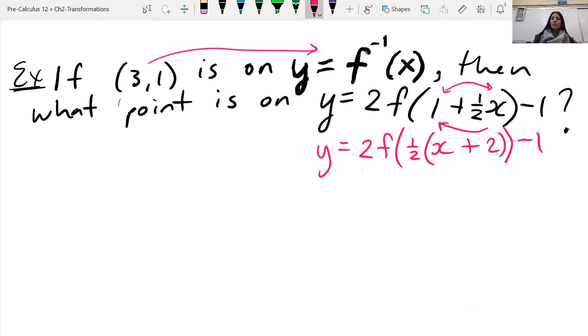So we learned about the relationship between the original equation and then the inverse equation, and that is that we swapped the x and the y values. If we know that, then working backwards, if this is my inverse, then my f of x must have the reverse of this, meaning I just swapped the x and the y. So the point 1, 3 must be on f of x.